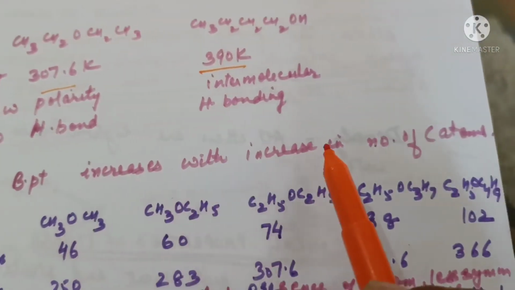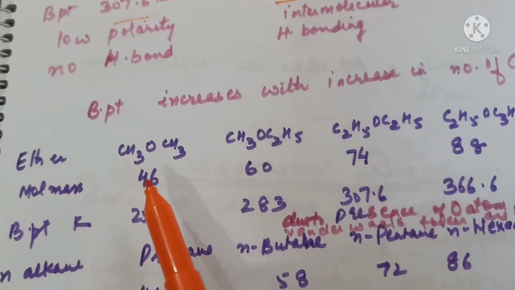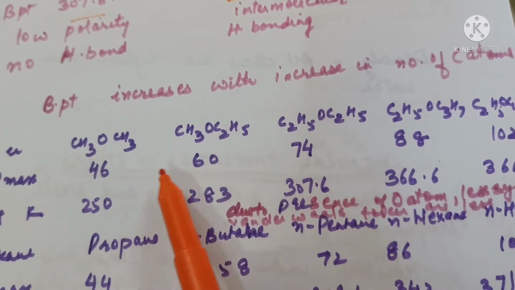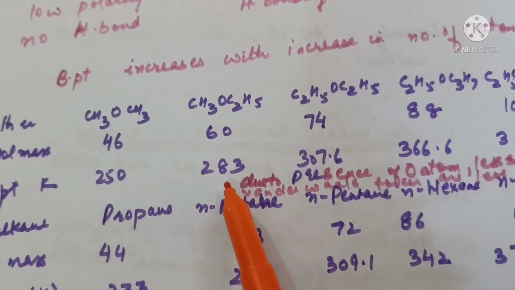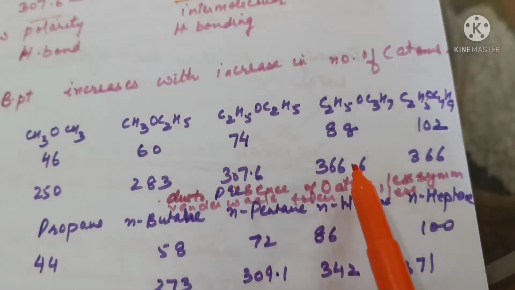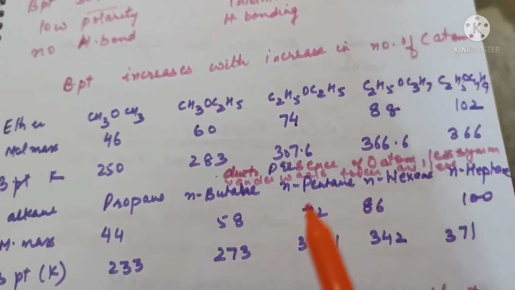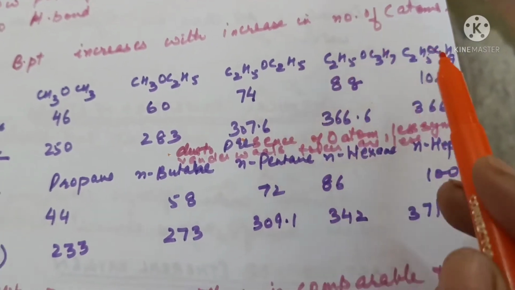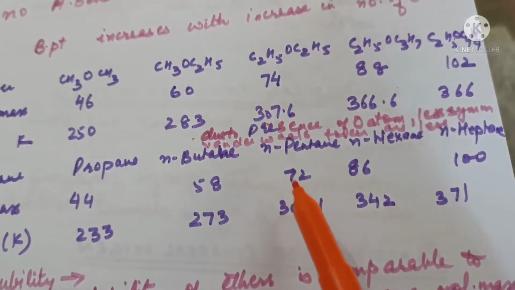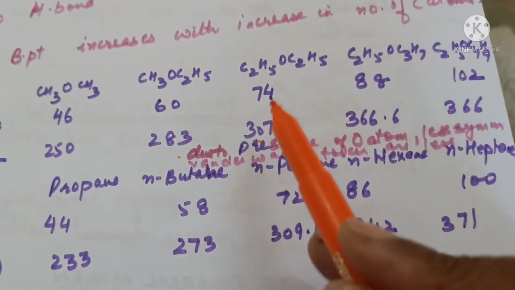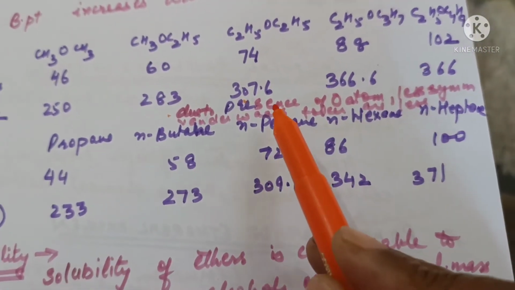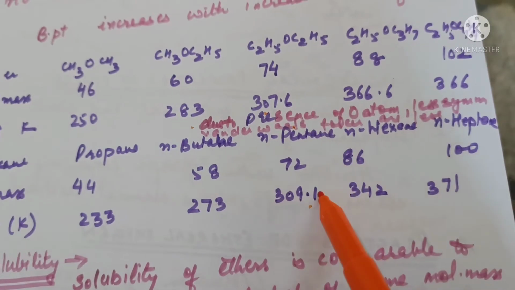And boiling point will increase with increase in number of carbon atoms. We see that when we increase the number of carbon atoms, the boiling point will increase from 250 to 83, 307, 366.6 and 366. However, as the number of carbon atoms increases, we find that in later cases, the boiling point is of the same number of carbon atoms.